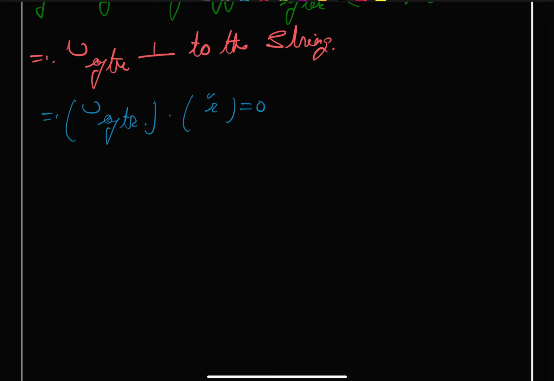And from here we can write that square root of 0.19 vx prime plus 0.9 vy prime is equal to 0.